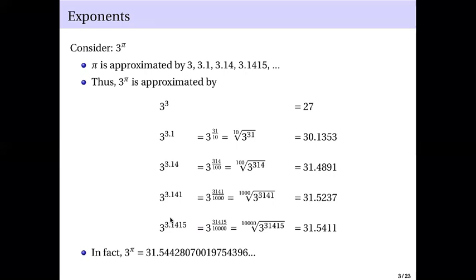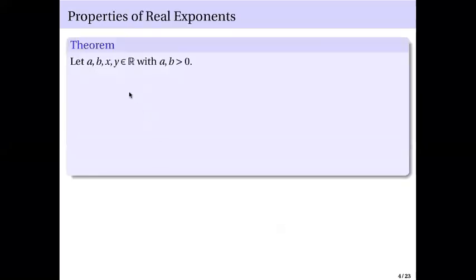Which means it's the same as the integer exponents and the fractional exponents, so that we will have the same properties. So we are only extending the properties of exponents to the real exponents now. From integer, then to fractional, this time we have the real exponents.